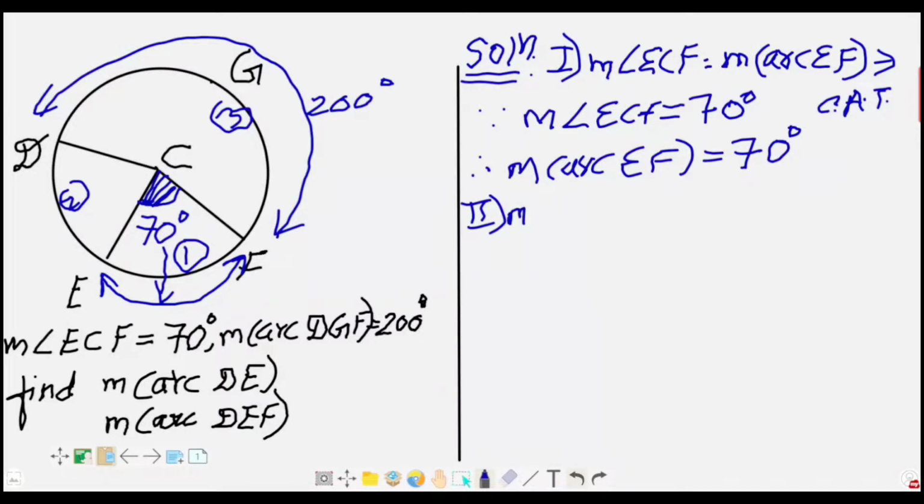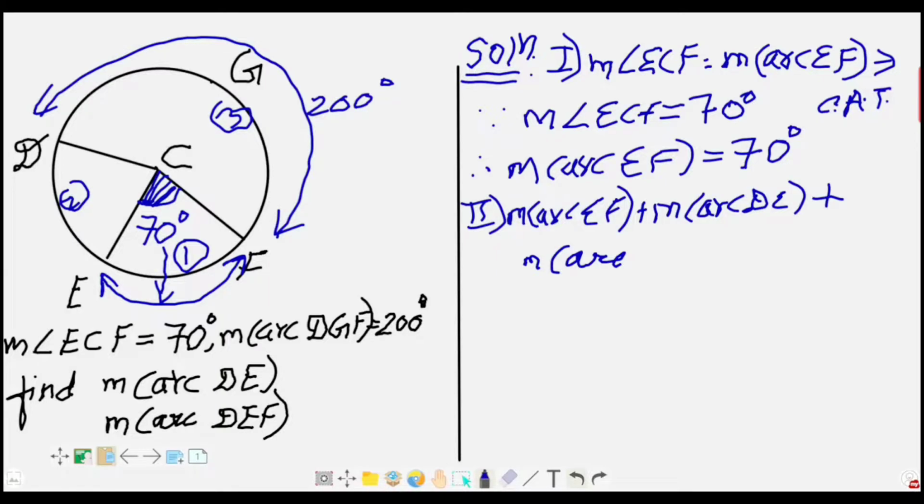So the measure of arc EF plus the measure of arc DE plus the measure of arc DGF, all these three together form a circle. So this is 360 degrees. You can write the reason: forming a circle.